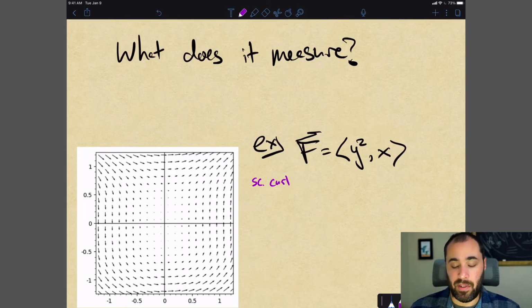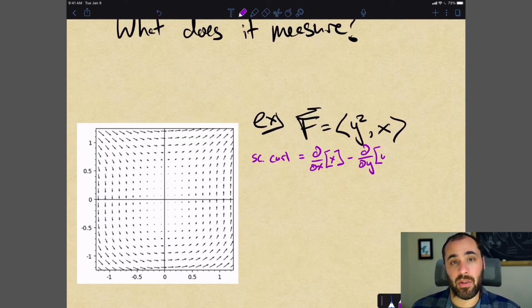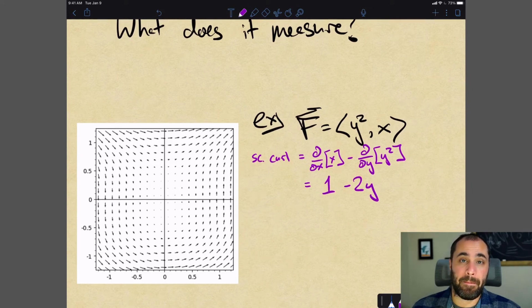Let's look at this vector field f, which is y squared x, and find its scalar curl. We'll take the partial with respect to x of the second component. We'll subtract from that the partial with respect to y of the first component, and we get 1 minus 2y. And I'll tell you that this quantity, 1 minus 2y, measures for us the rotation of the vector field around a point.